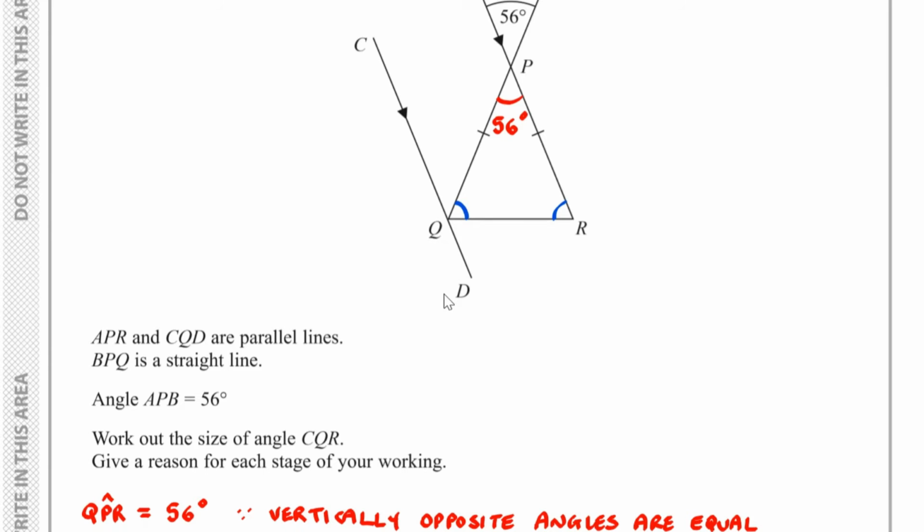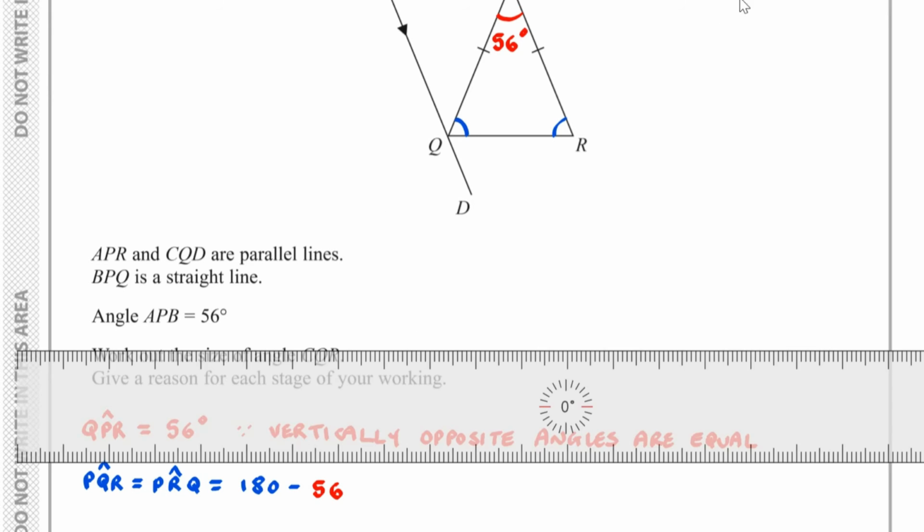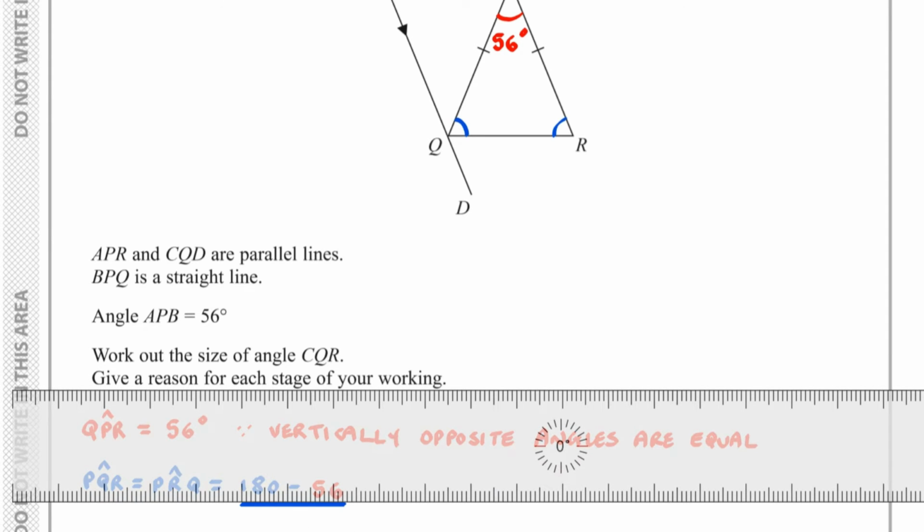And the way we can do that is to recognize that the sum of the angles in a triangle add up to 180 and the base angles in an isosceles are equal. So the angle PQR, which is equal to PRQ, that's equal to 180 subtract 56 divided by 2.